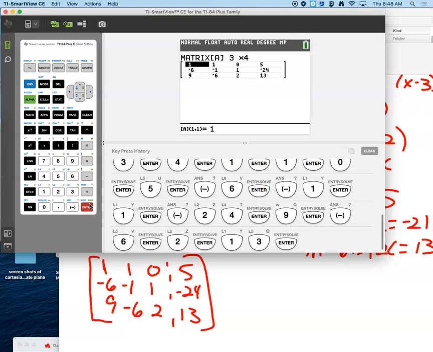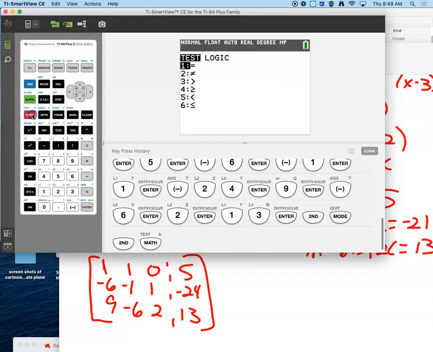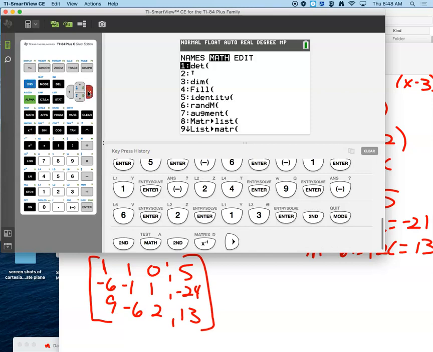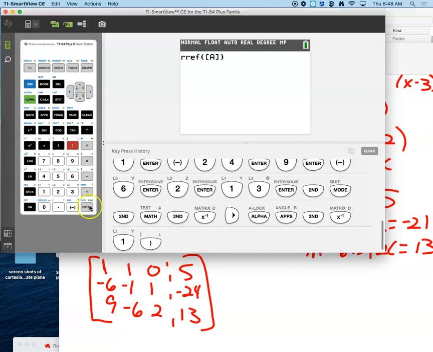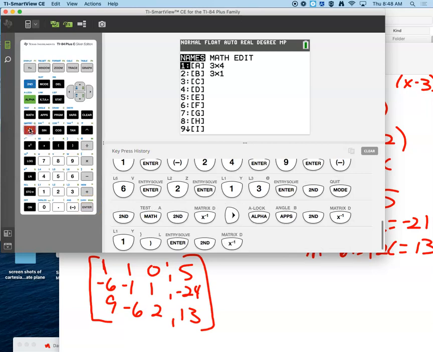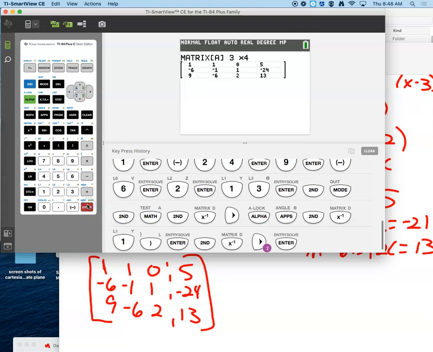14. Okay, so I put something wrong. Three by 4.